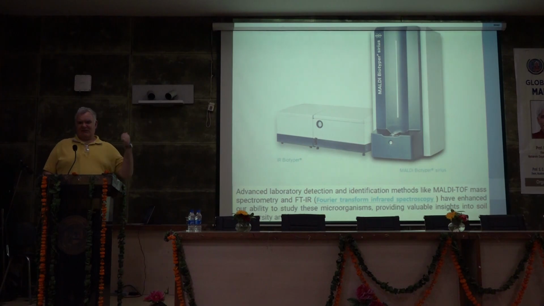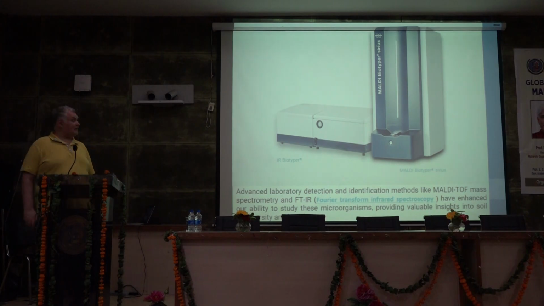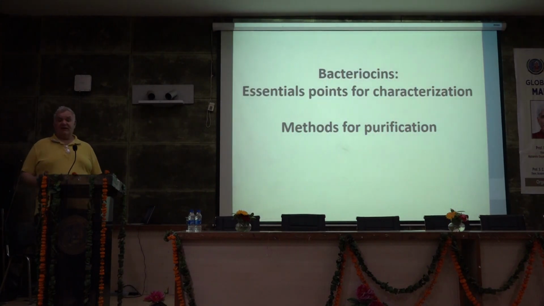But again, even with this identification, I will go for the full genome sequence. Because these days, full genome sequence has become a compulsory point for the identification as well. If you want to use the strain as a probiotic, or as a starter culture, you need to do the full genome sequence. There is no option. Several agencies, in order to certify your product, ask you to provide the full genome sequence.